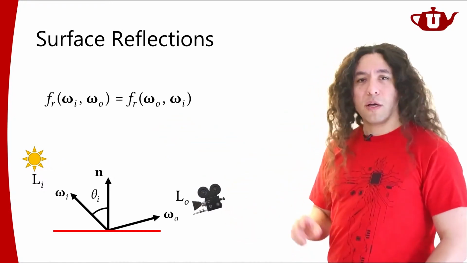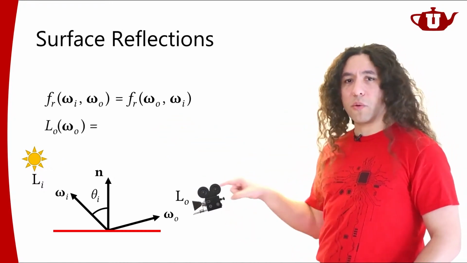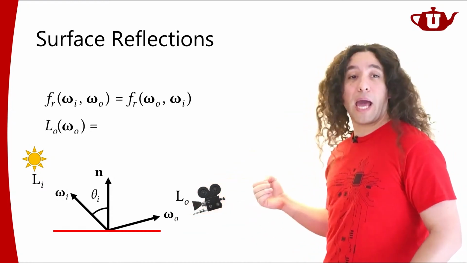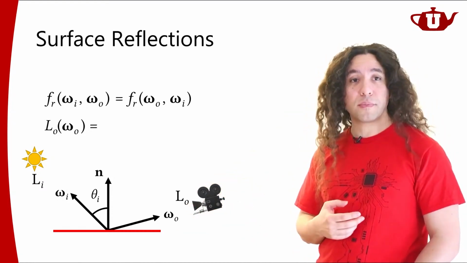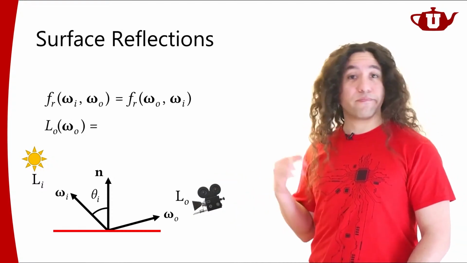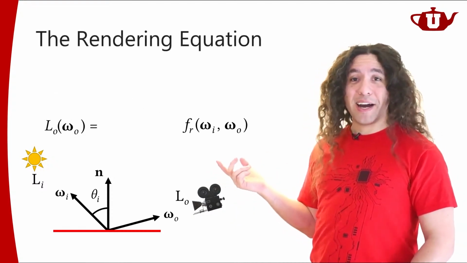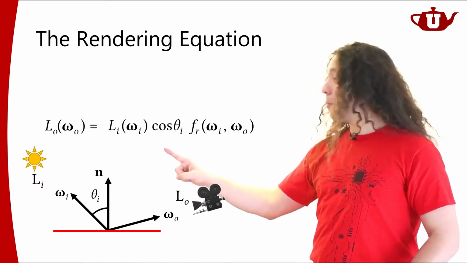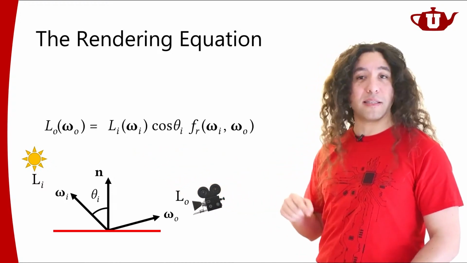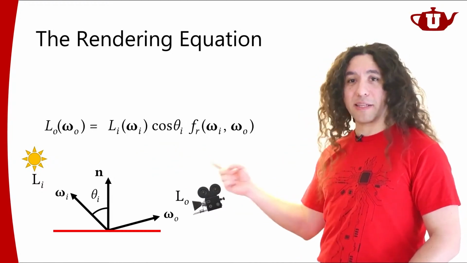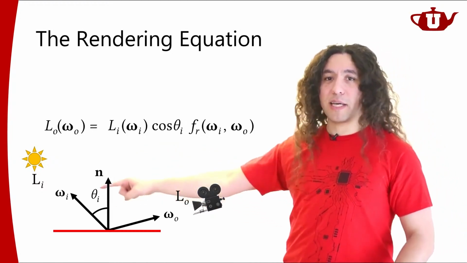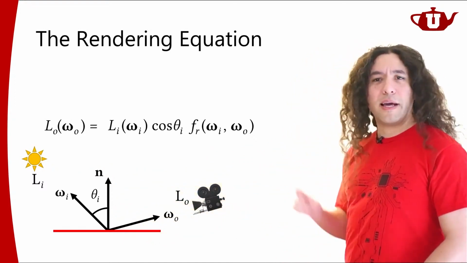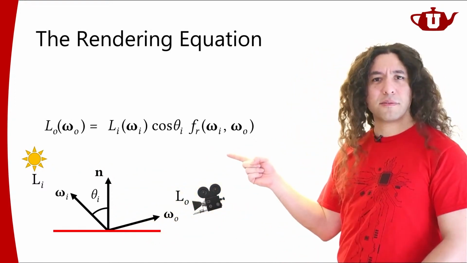Regardless, what we want to do is compute this outgoing light, the outgoing light towards the camera. And how am I going to compute that? Very easy. I'm just going to look at the incoming light, multiply by the geometry term, and then multiply by the BRDF. The BRDF will tell me what percentage of that light coming from that direction is going to reflect along this direction. Does this look familiar to you?